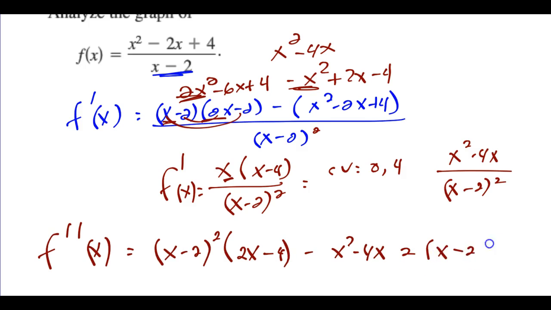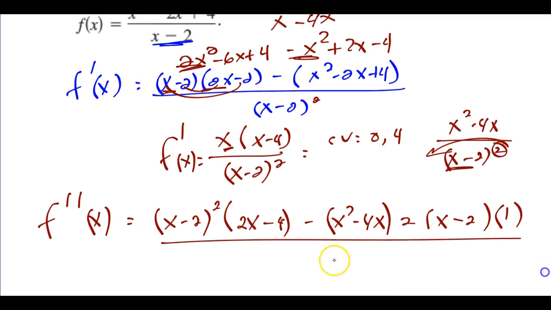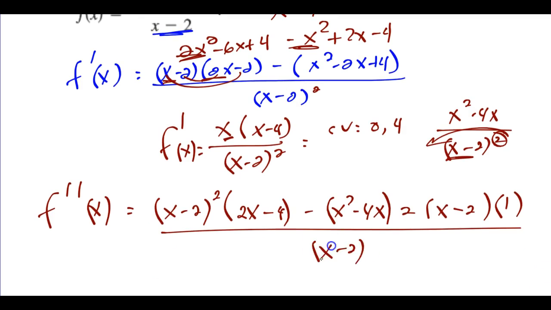Oof. So chain rule: the derivative of the outside, write down the inside times the derivative of the inside, which is a 1. Decrease the exponent by 1. So all over low squared. So you can see these get complicated fast. So in this particular case, I think it's easier to factor out.